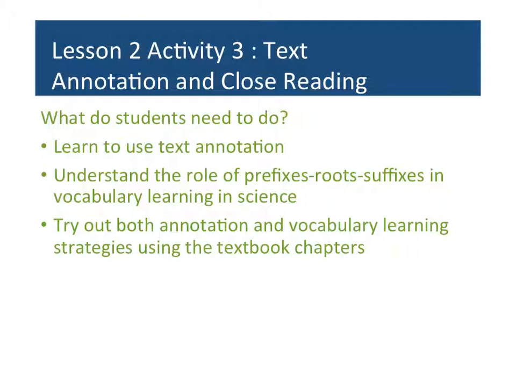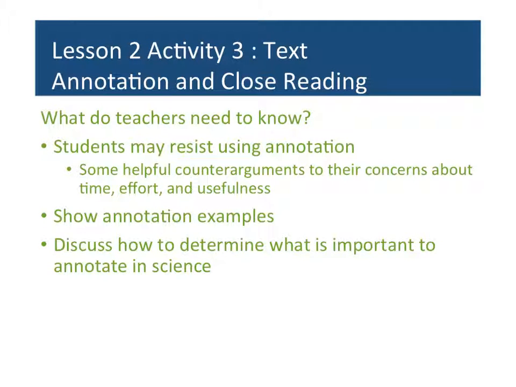And once you understand the prefixes, roots, and suffixes, you often can figure out a definition even when you don't really know that concept because of the way science terminology is generated. So they're going to try out both the annotation strategies and the vocabulary strategies using the beginning of the Belkin-Mayer Chapter 3.